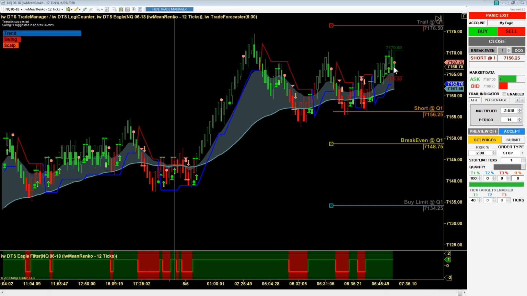Now if the market heads a little bit lower from here, I can roll my stop in back above that high and have a little more confidence that that is the correct stop placement.